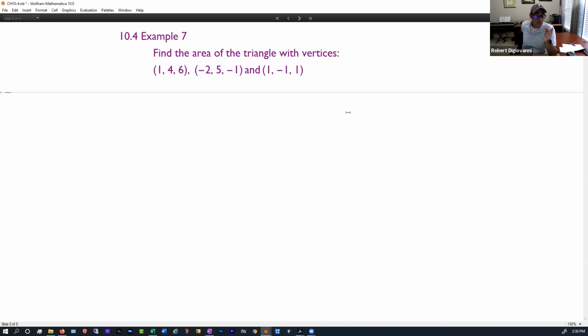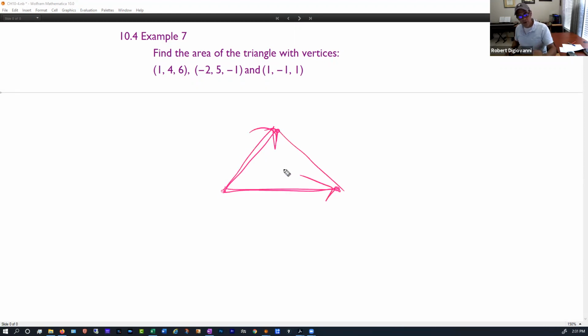If one person picks those two vectors, their cross product vector is going to be different than your cross product vector if you pick, say, this one and this one. But what I can guarantee is that the length of those vectors will be the same. Okay. Which is kind of amazing, but that's the way it works.